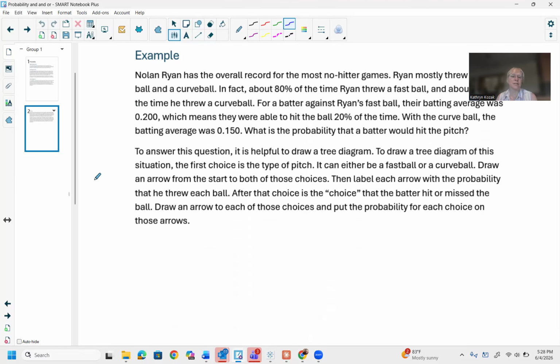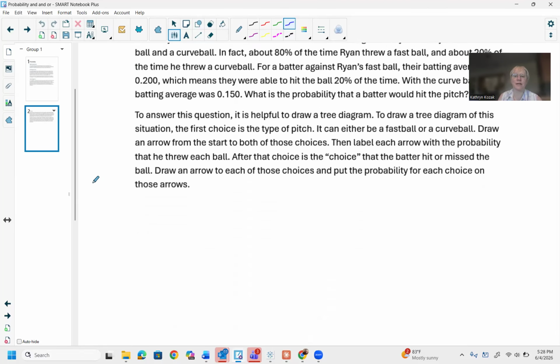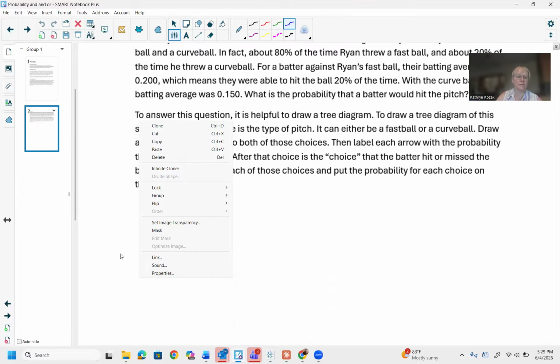To answer this question, it's helpful to draw a tree diagram. To draw a tree diagram of this situation, the first choice is the type of pitch. It can either be a fastball or a curveball. Draw an arrow from the start for both of these choices.